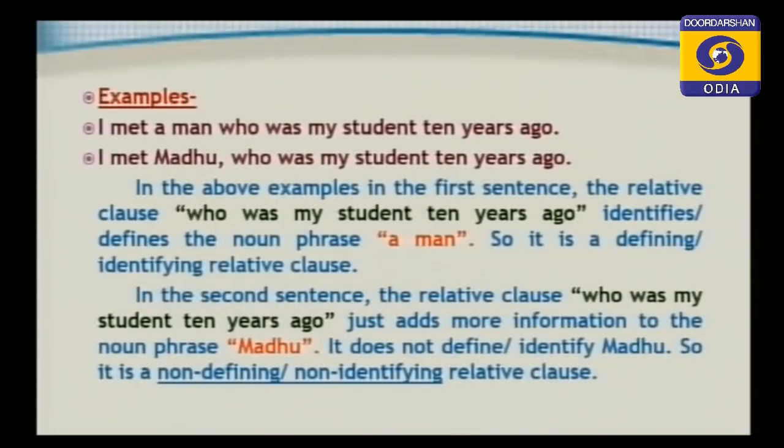So, such relative clauses which only add information to the antecedent, which provide more information about the antecedent, are called non-defining or non-identifying relative clauses. You mark how the non-defining, non-identifying relative clause who was my student 10 years ago is separated from the main clause I met Madhu by a comma.